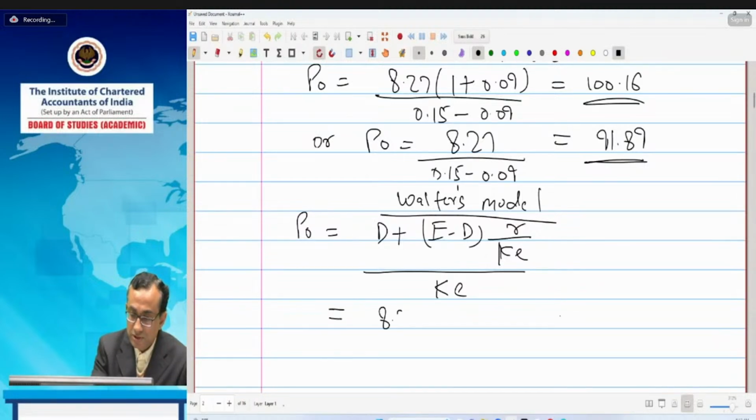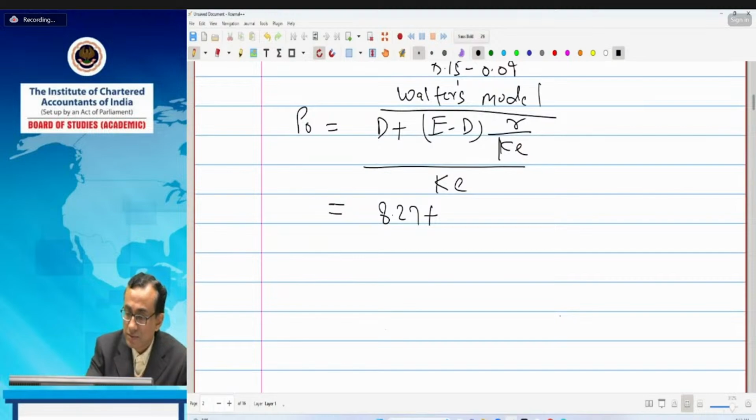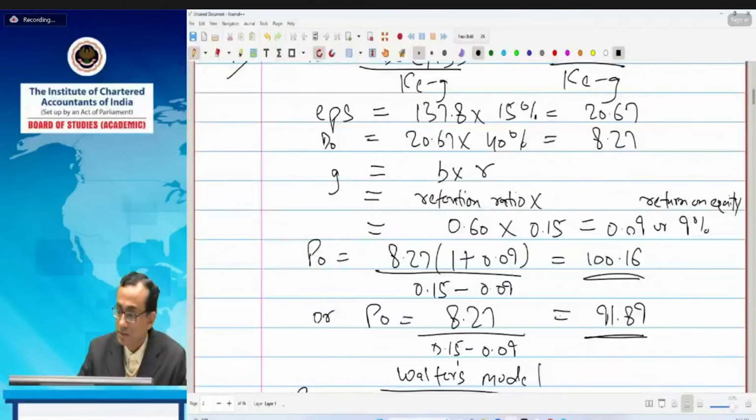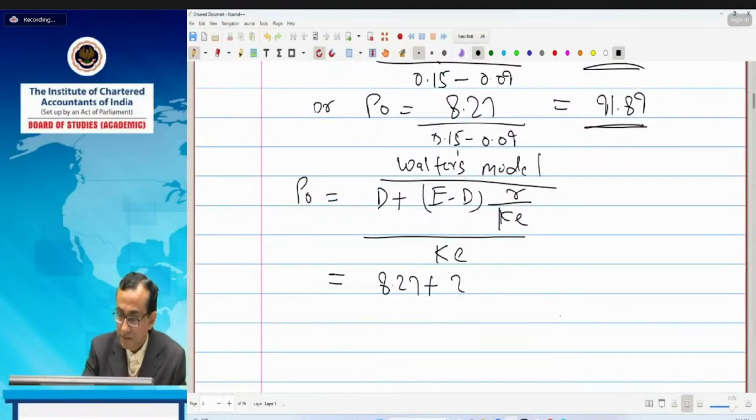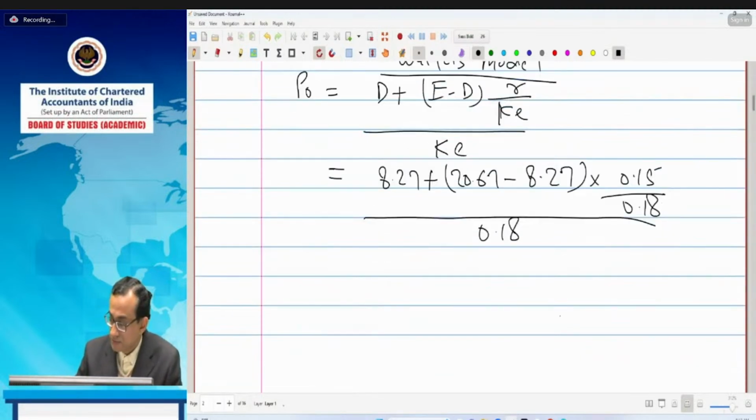D is 8.27, plus earnings, which we have already calculated. EPS is 20.67, minus 8.27, into R, which is 0.15, divided by 0.18, all divided by 0.18. So this is the Walters formula. Let us calculate it.